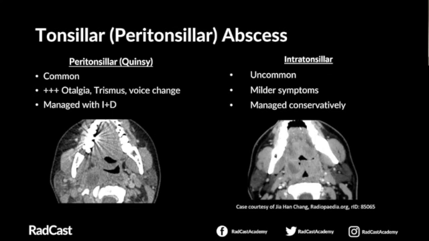Far less common is an intratonsillar abscess, where it actually develops in the tonsil. You have milder symptoms, and they're treated conservatively with antibiotics, presumably because they're not trapped in a compartment. It's just within the tonsil, and it can relieve itself.